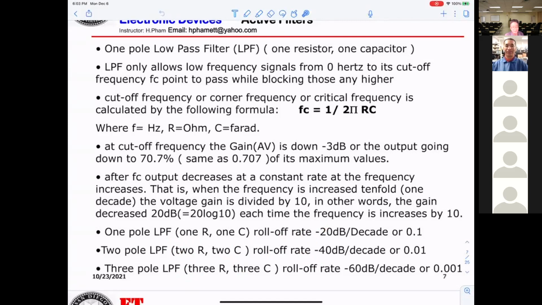And you understand, you want the roll-off rate to be a higher, bigger number. That means you want it to stop quickly after the cutoff frequency. For minus 20 dB, you can get more noise. That means at the cutoff, you still allow the signal to go.